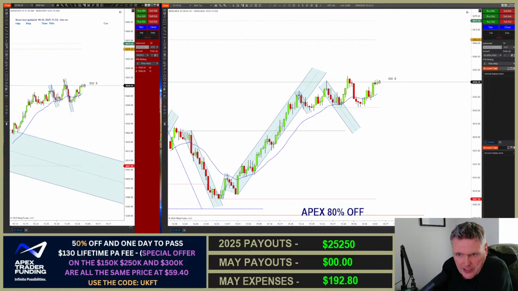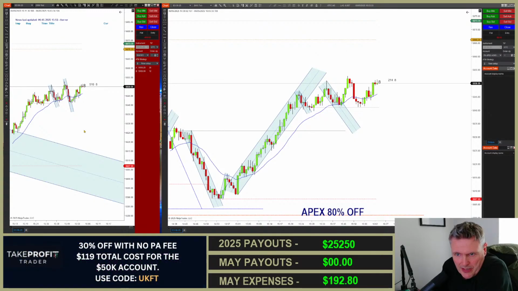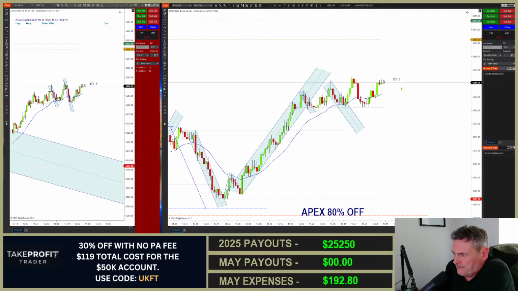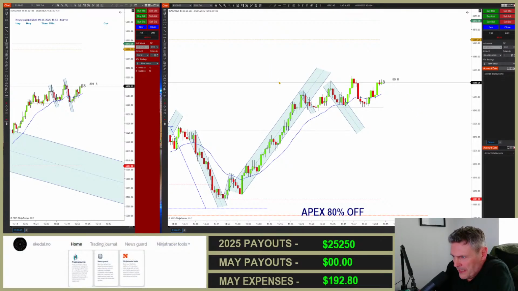Just looked like it was going to flush down with this leg down with a break. It looks rangy, see, doesn't it?